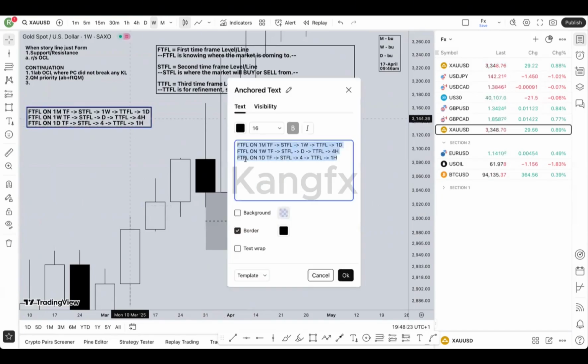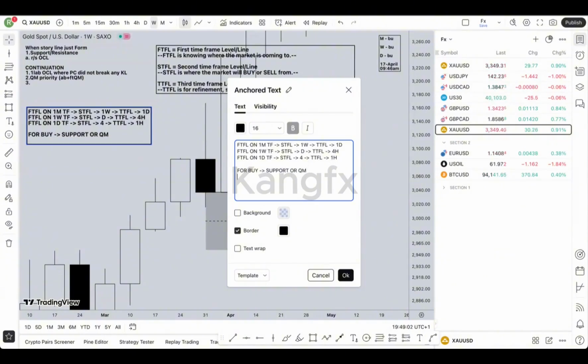Now, when we go down to our STFL, on STFL we are going to look for only two key levels. If you are buying, the only thing we look for is going to be support or QM.